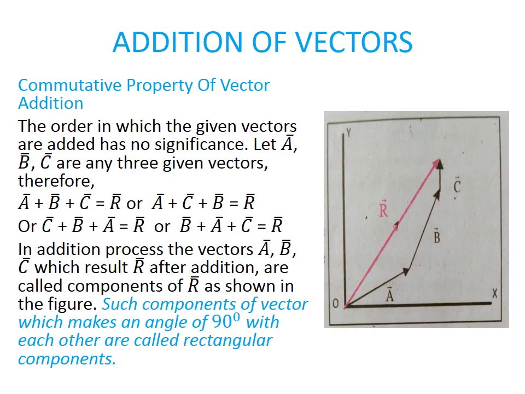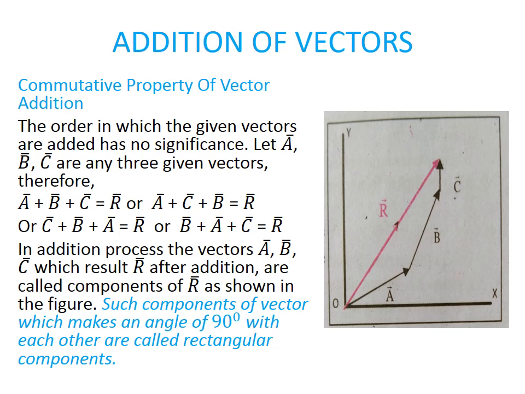Let's see the commutative property in the case of 3 vectors. The order in which the given vectors are added has no significance. Let vector A, vector B and vector C be any 3 given vectors.